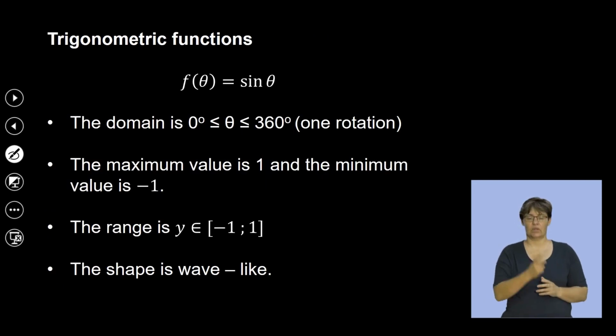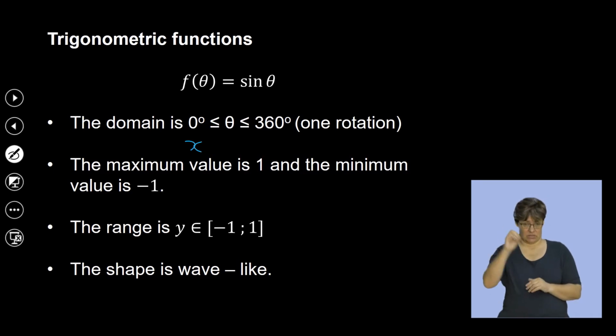So the domain of this will be theta is less or equal to 360 degrees or greater than 0 degrees. Now this is written in set builder notation, right?